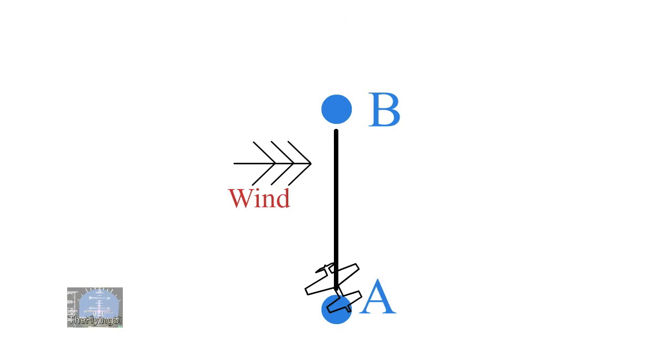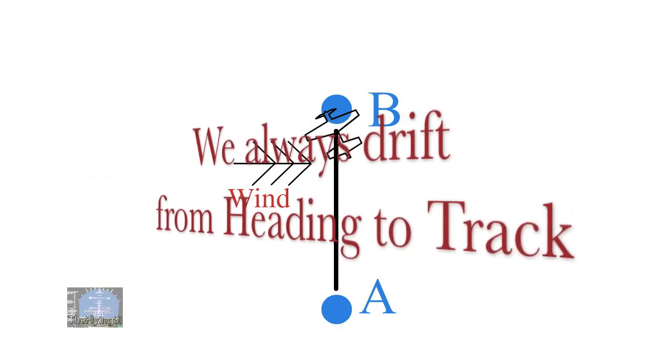And once we fly that heading, we will constantly drift, as we did before, towards our track. However, because now we're correcting, our track takes us where we want to go. So that's drift. A helpful way of remembering it is we always drift from heading to track.